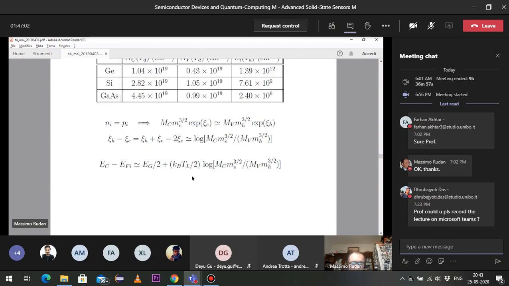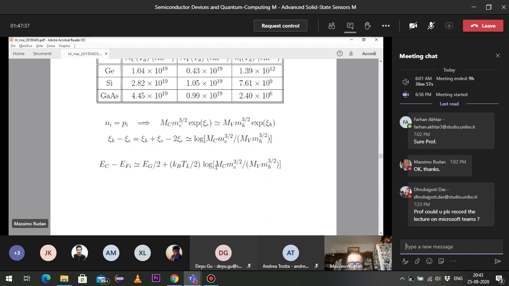But this correction is small because, first of all, kT is much smaller than half the gap, or kT is much smaller than the gap at room temperature. But also, we have the log of this ratio, so these two numbers, mc times me to the 3/2, that is in the numerator of the log, and the other one that is in the denominator of the log.